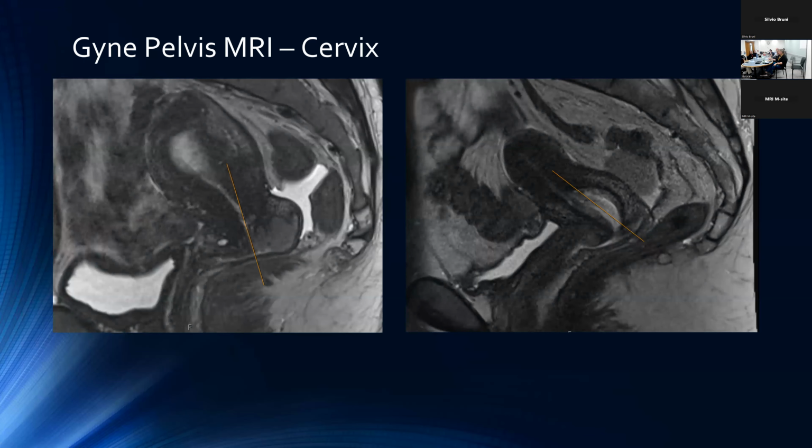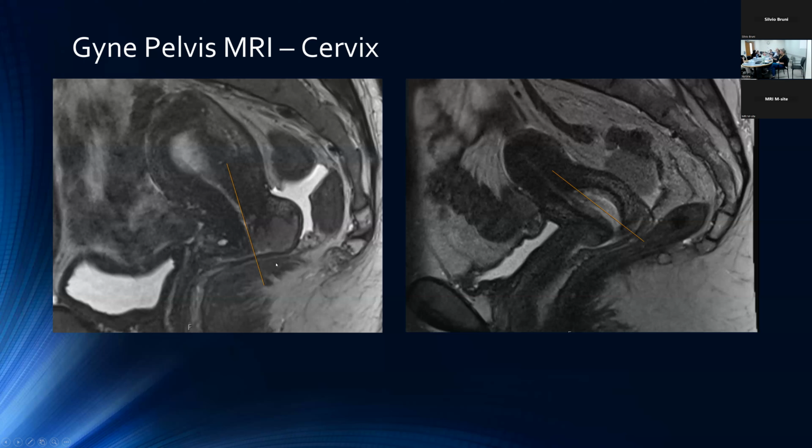So here, in these two cases, you can see a T2 intermediate smudgy lesion, and the endocervical canal itself is this nice T2 bright line. On the left, you have this T2 intermediate smudgy mass that can be appreciated in the dorsal lower uterine cervix and bulging into the posterior fornix of the upper vagina here.